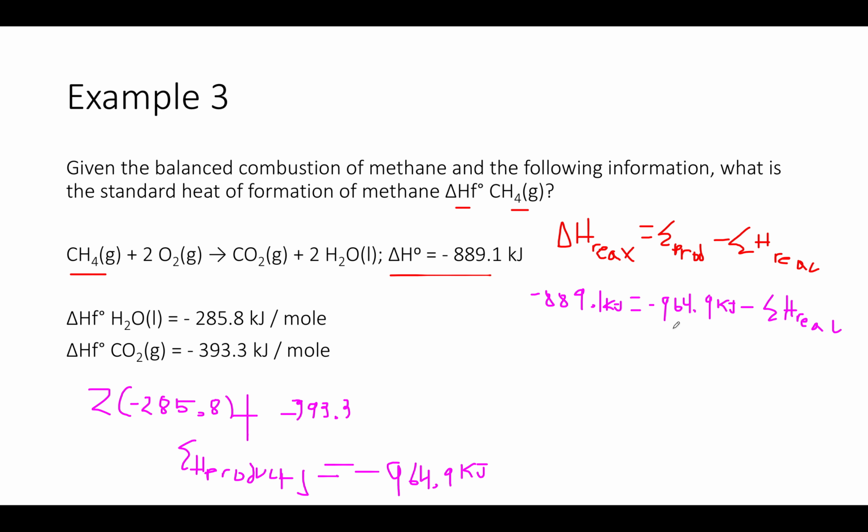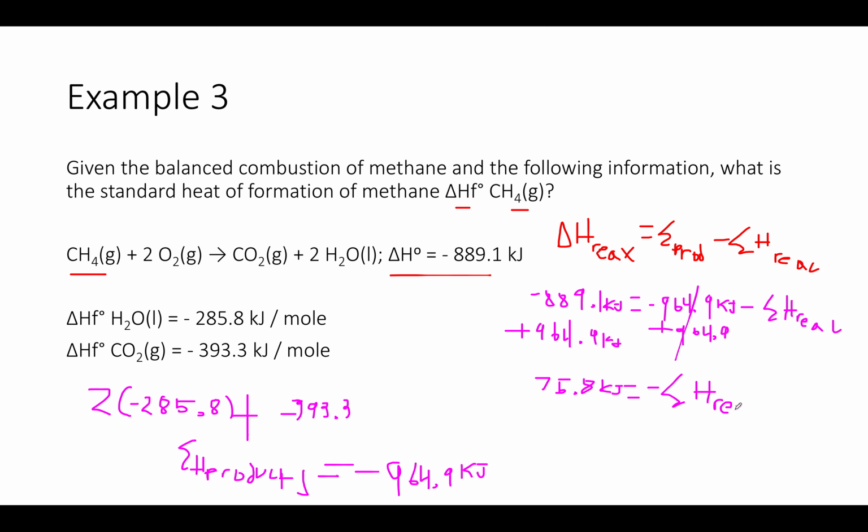So to solve for this, I'm going to add 964.9 to the other side. So this cancels here, and I'm going to add 964.9 kilojoules. And that gives me 75.8 kilojoules equals negative heat of our reactants.